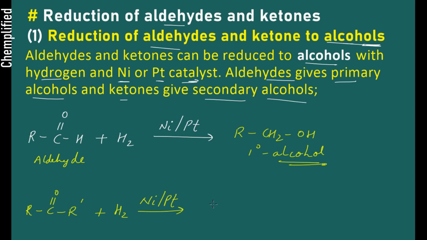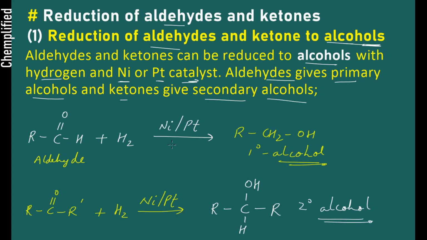You will get a secondary alcohol, right? And this carbon will have a hydrogen. So this will give you secondary alcohol, 2 degree alcohol. Just remember these two reactions. These two reactions are very much simple reactions.